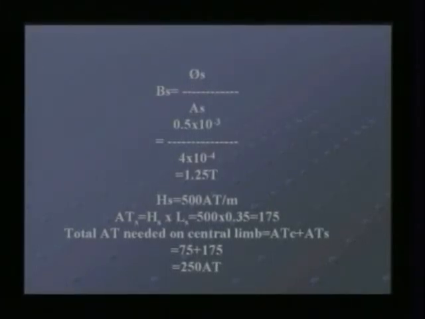Therefore, the total ampere turns required in the parallel circuit is the AT required for the central limb ATC plus the AT required in the side limb ATS, which is 75 plus 175. Therefore, total ampere turns required is 250 AT.